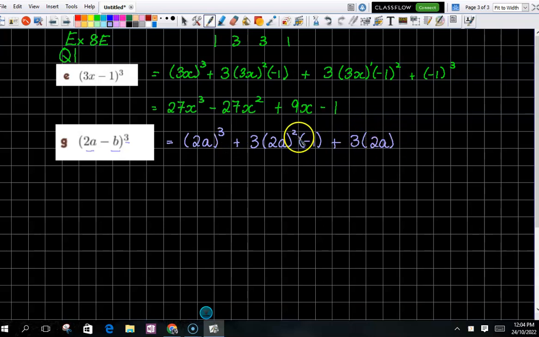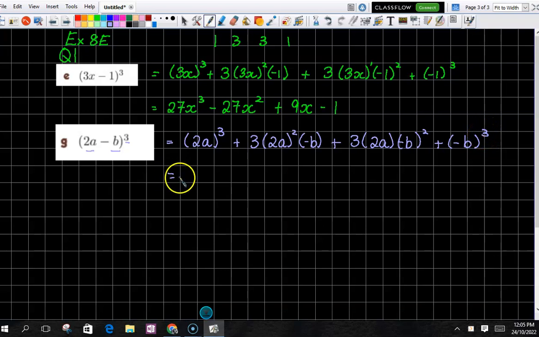Remember, 3, 2, now that's just 1, but it'll be minus 1 squared. And I said 1 when it's meant to be b, because I'm listening into other people's conversations over here. Okay, so that will be minus b, and then we finish it off with minus b cubed.